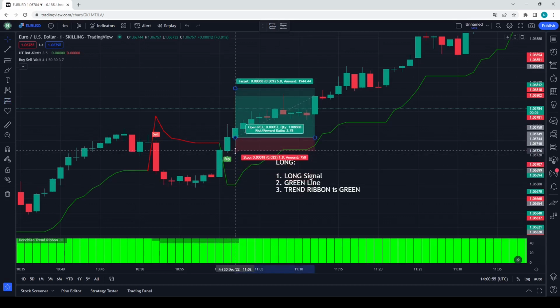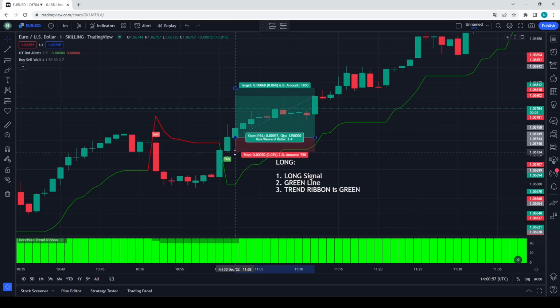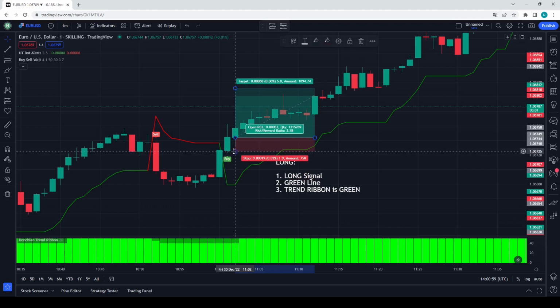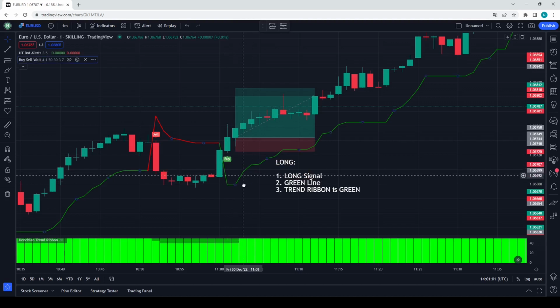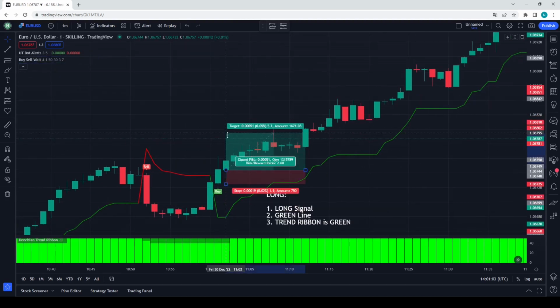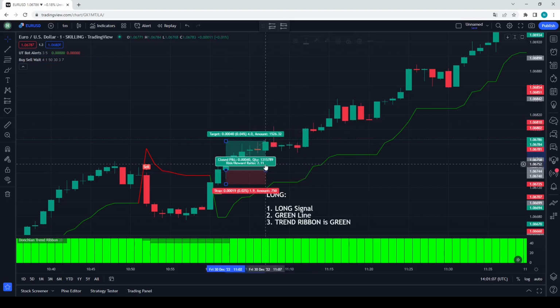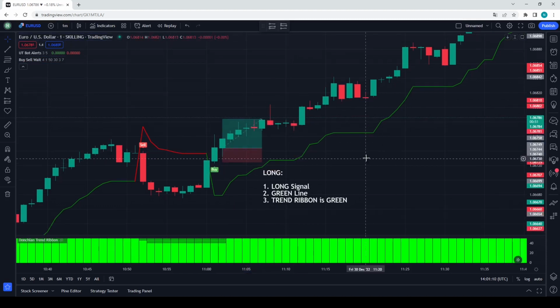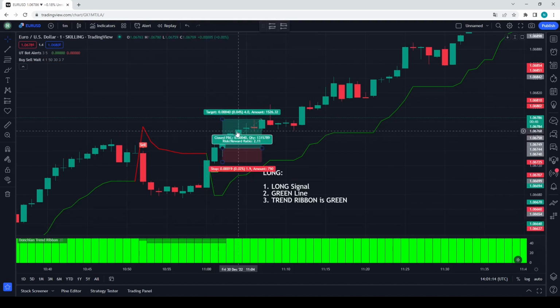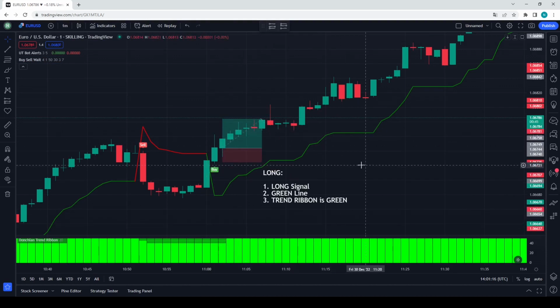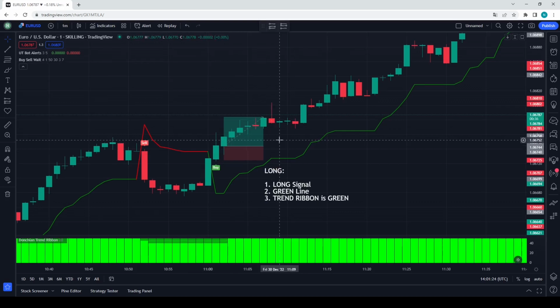Our stop loss will be right over here underneath the candle where we got the buy signal, and we are looking for a risk reward ratio of 2.0. So this would have been our trade, and as you can see, within 1, 2, 3, 4, 5, 6 minutes we would have made a profit of 2x of our capital that we have invested.